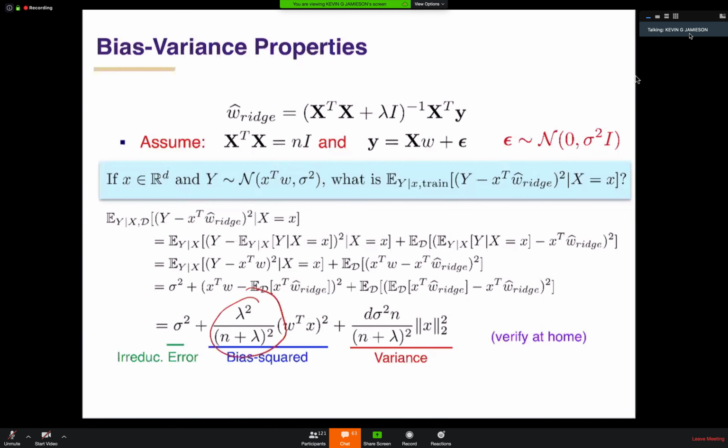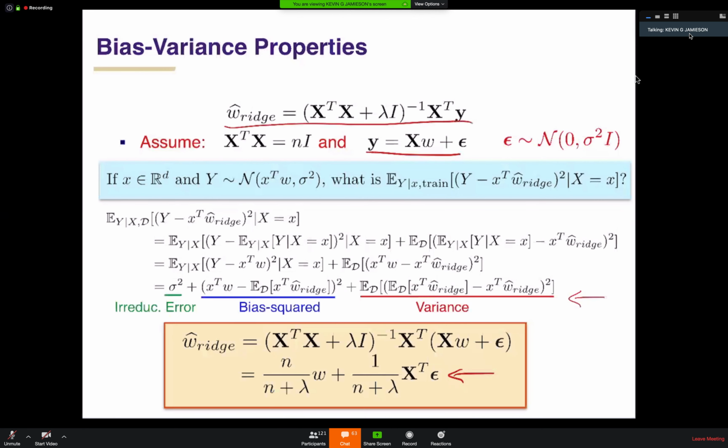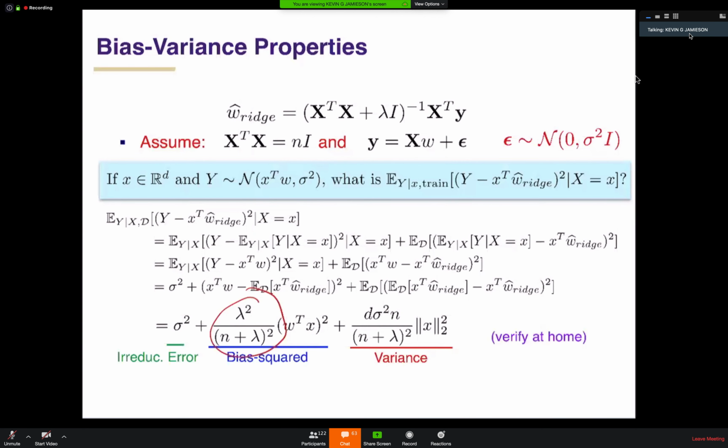Well, as we said on the last slide, if lambda is very, very large, W hat is going to be 0. So if W hat is 0, the bias of your estimator is just going to be the difference between what you output and what the truth outputs, which is just W transpose X quantity squared. And so this bias squared is exactly how we'd expect. For lambda equal to 0, there's 0 bias. But then as lambda gets very, very large, it saturates at W transpose X squared.